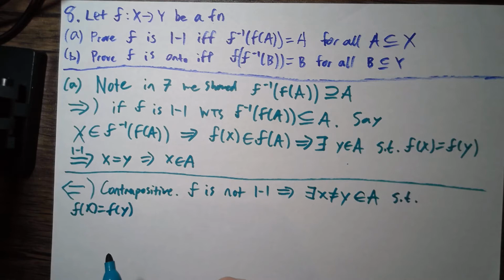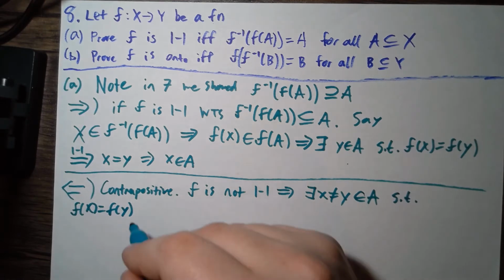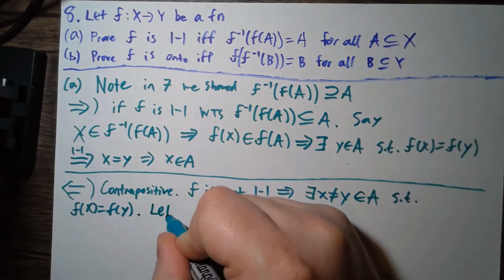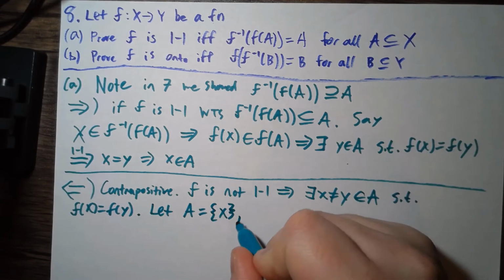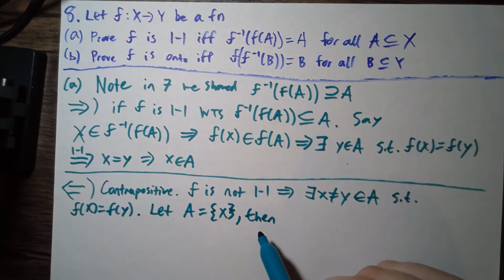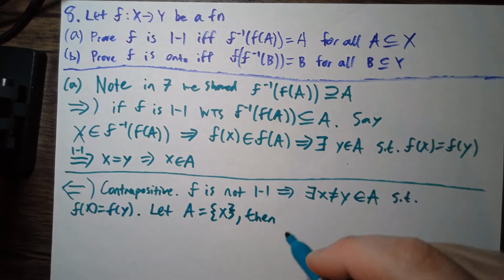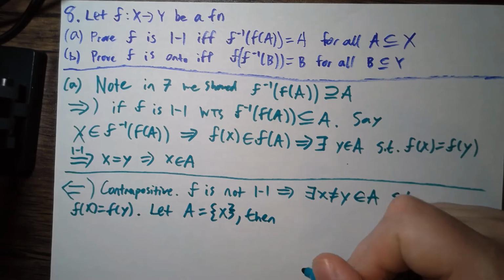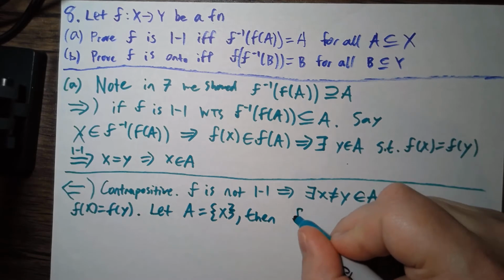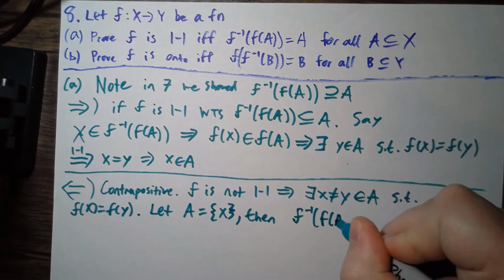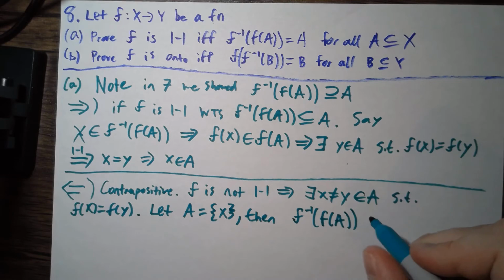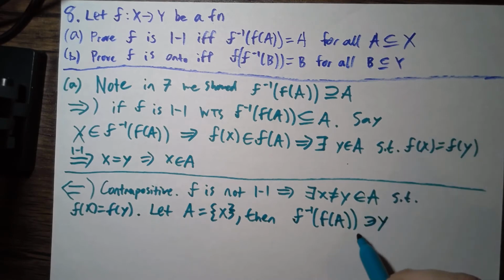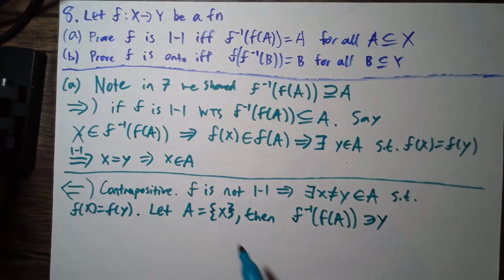Now, if we let A be the set containing x, and look at f inverse of f of A, clearly x is in this set, but y will also be an element of this set, because f of y is equal to f of x.